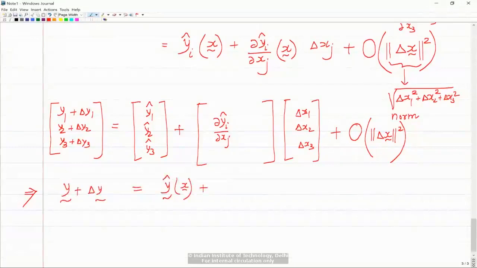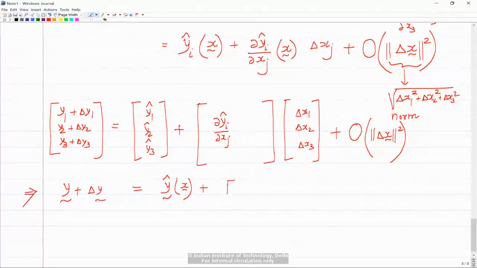This matrix del yi hat by del xj. Isn't this your deformation gradient tensor? So this matrix is the representation of that second order tensor, which is the deformation gradient, right?